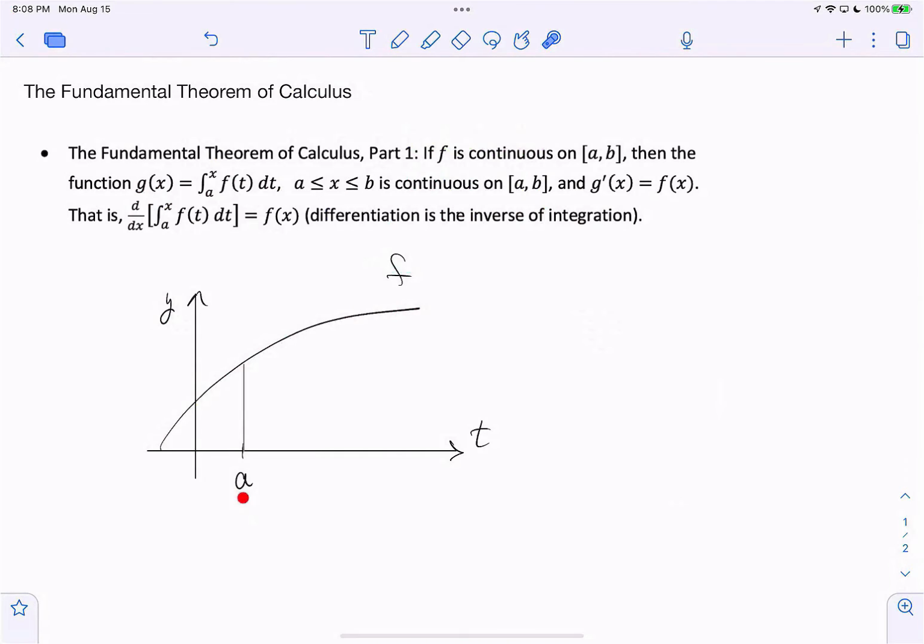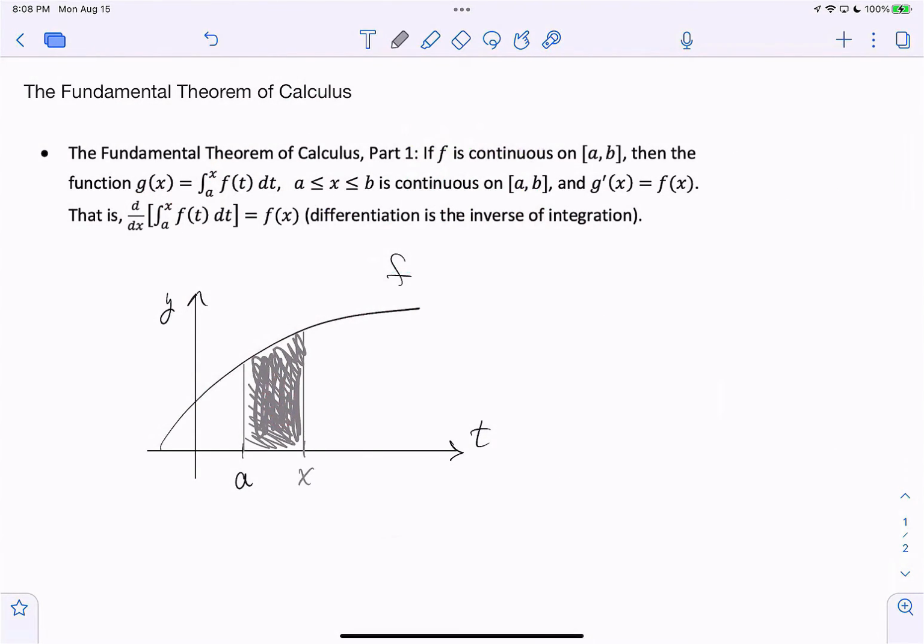So I have here the graph of a function f and a point marked on the t-axis, that's a. And for any value x, what g is going to give me is the area under the curve, or the integral, but since f is positive, the area under the curve from a to x. So this is a picture for some particular x value.